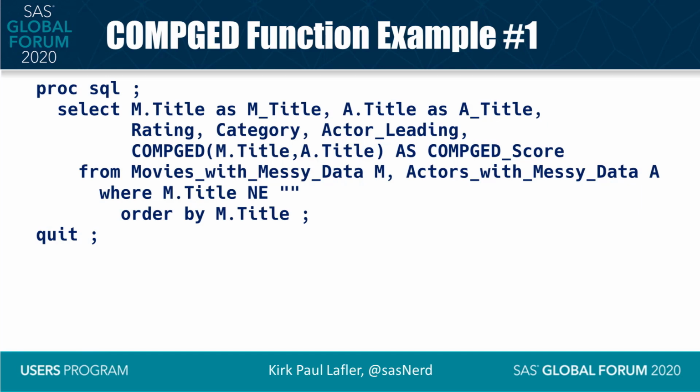What we're doing here is we're going to retain the movie title from the movies table, the title of the movie from the actors table, the movie rating category, the leading actor, and then we're going to evaluate from the movies table the title against the actors table and the title, and store that value as a COMPGED score. And then we're going to order the results in ascending order by the movie title.